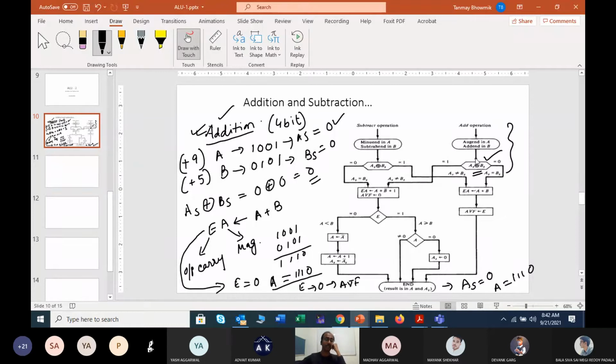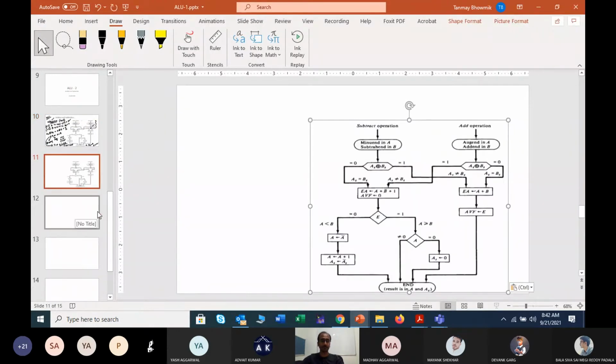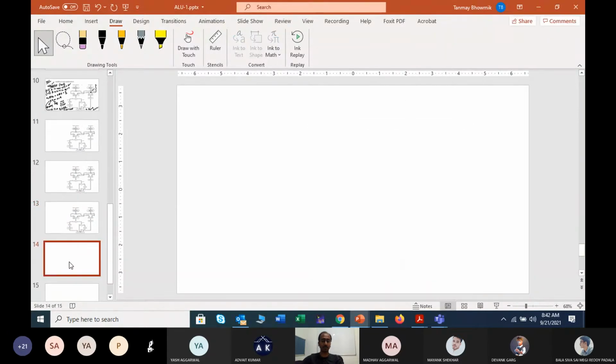And then if I go to the next example, you may consider that this was your example 1. Now if you go to the next example, let's check. Every page we can put this, because however many examples we do, every time we will need this diagram.